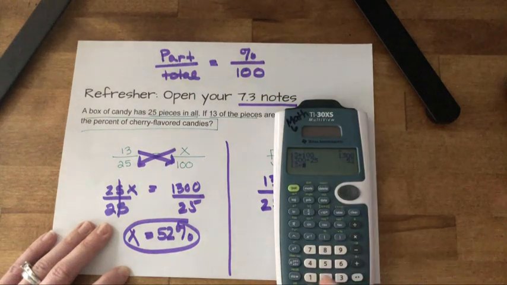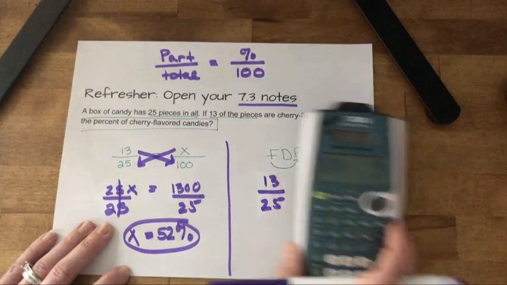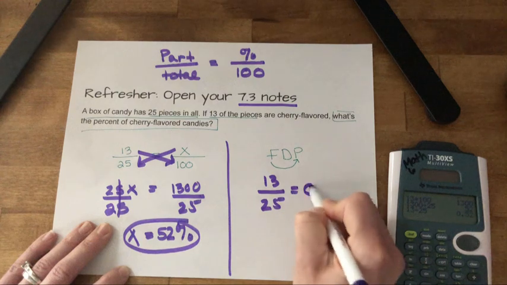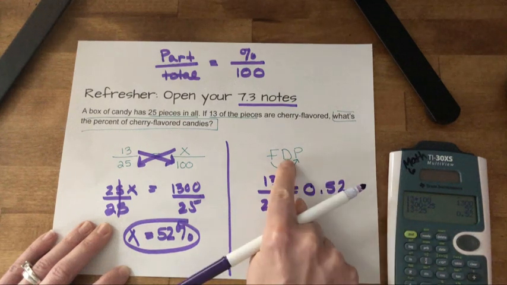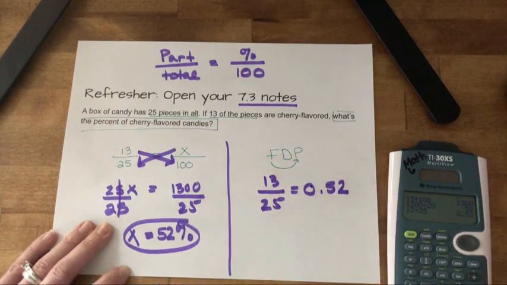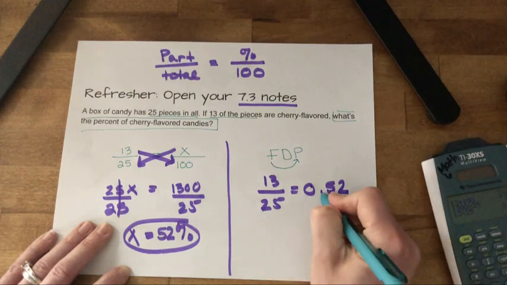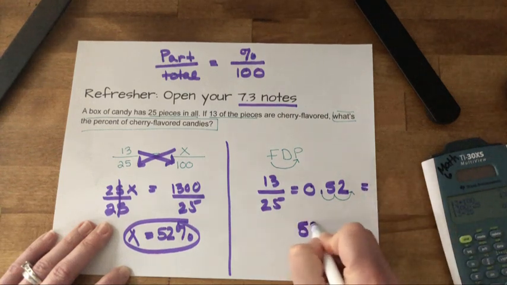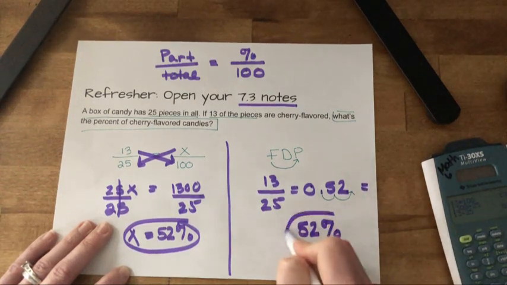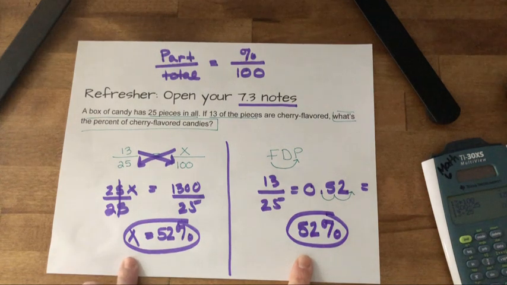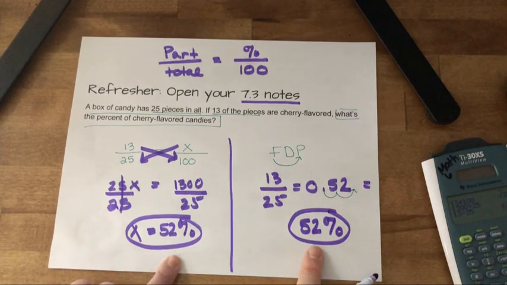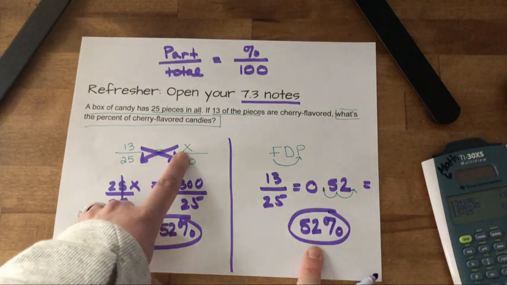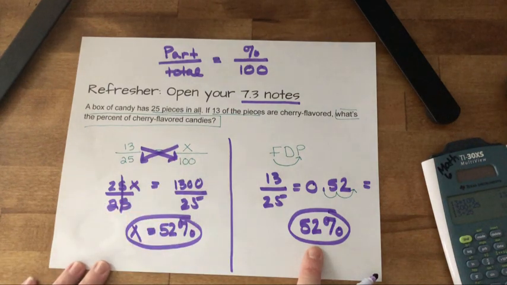So if I go 13 divided by 25, there's my decimal, 52 hundredths. Now I'm at a decimal. I need to get to a percent. I'm going to move it to the right 2 times, and that's going to give me 52%. You'll see we got the same answer doing both ways. Again, in this problem, we were being asked to find the percent. Let's go ahead and look at the next problem.